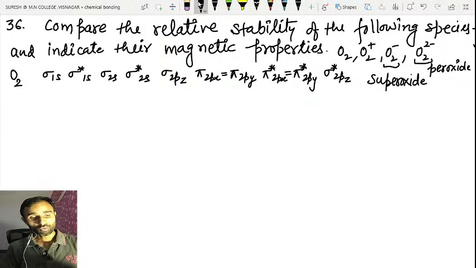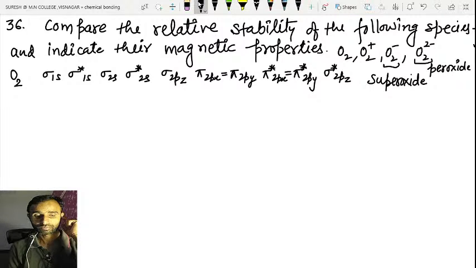Now in O2, how many electrons are there? Tell me. Okay, Siddharth. The total electrons are 16.